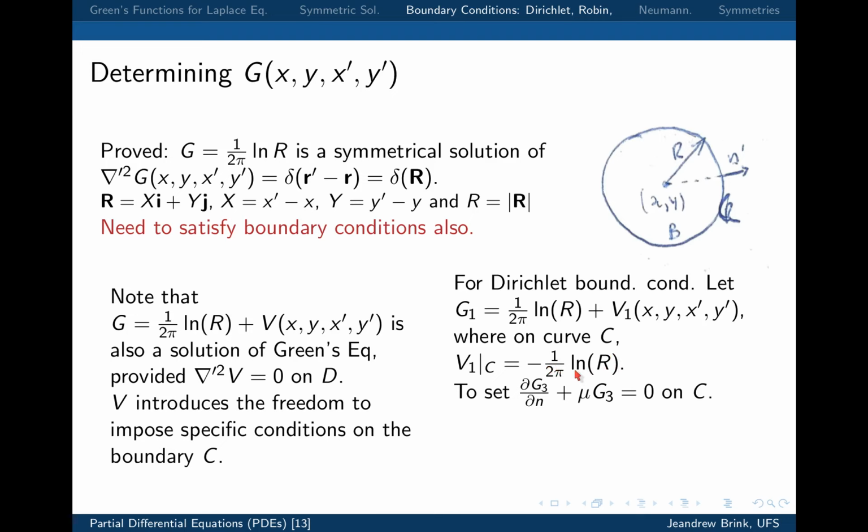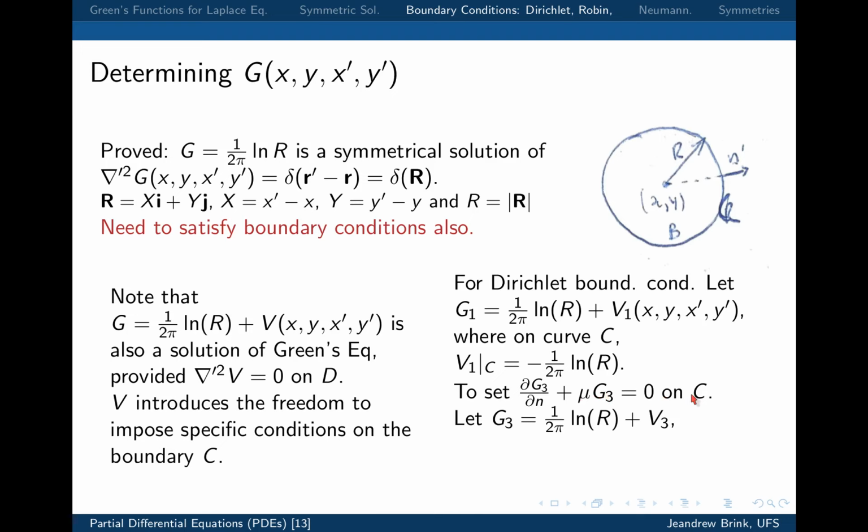And the same thing when we were dealing with those Robin boundary conditions, we set the normal derivative of G3 plus mu G3 equal to 0 on the boundary.